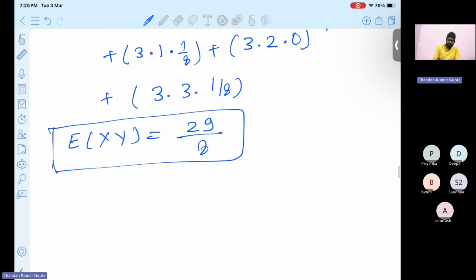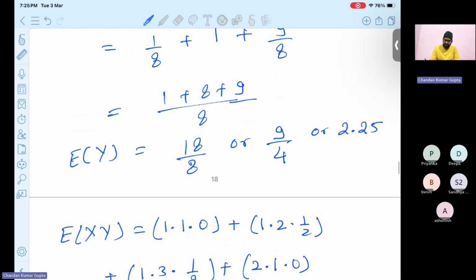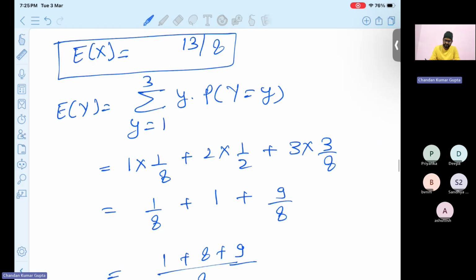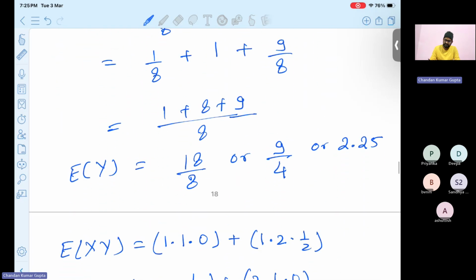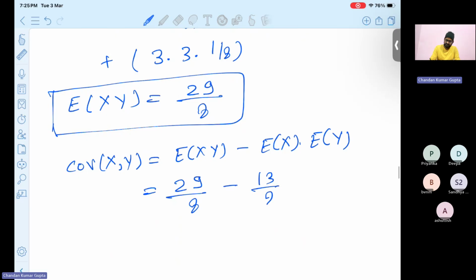Now we need to calculate the covariance, which is expectation of xy minus expectation of x into expectation of y. This is 29 upon 8, expectation of x is 13 upon 8, and expectation of y is 18 upon 8.